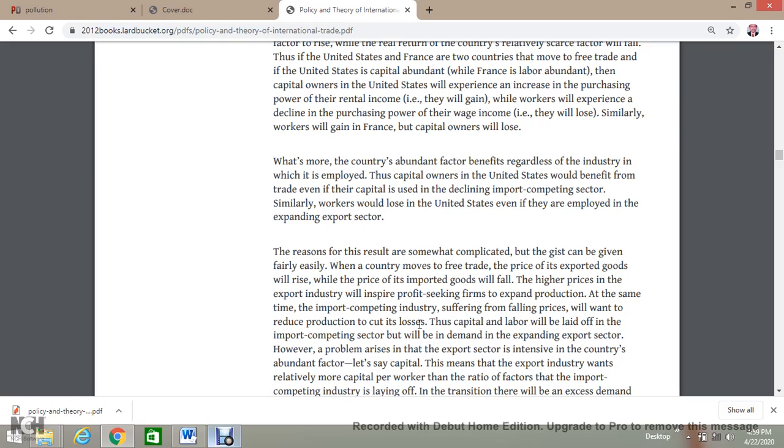As the prices increase, since France is using labor intensive techniques to produce these commodities, the wages paid to the laborers will obviously increase, and they will be paid more.